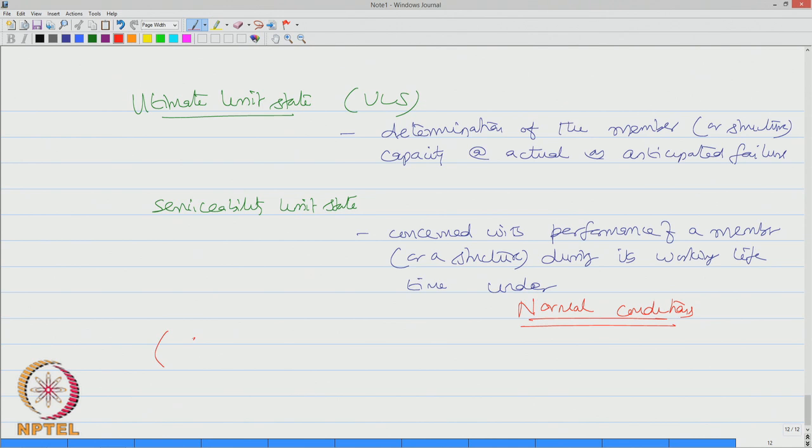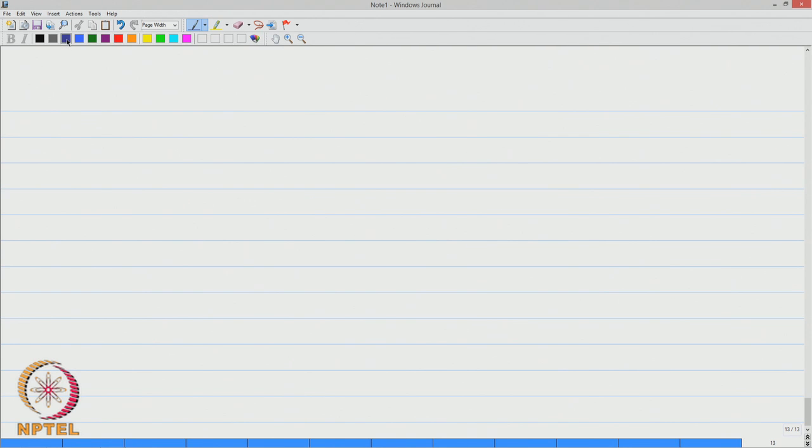So, one can look into more details of these limit states in the book authored by me, Advanced Marine Structures, CRC Press, Florida. The details of reference are available in the reference list in the course end. So, we understand that in the conventional limit state design at ambient temperature, we calculate what is called service loads.